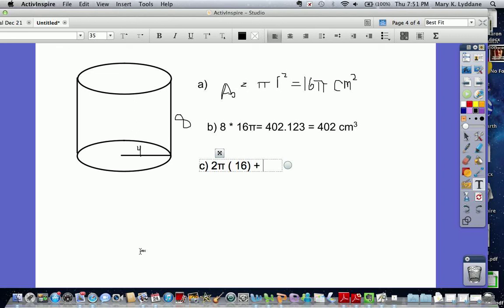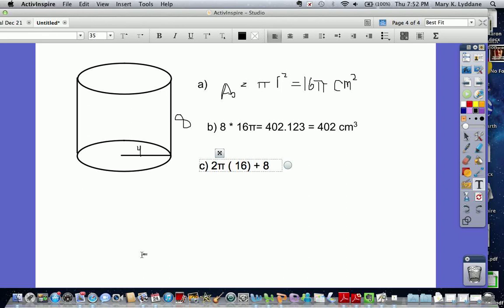Remember, if you think about that being a piece of paper wrapped around that cylinder, it's really a rectangle. And what would be the length of the rectangle? Well, that would be the circumference of the circle, which is pi times the diameter, which is 2 times the radius.